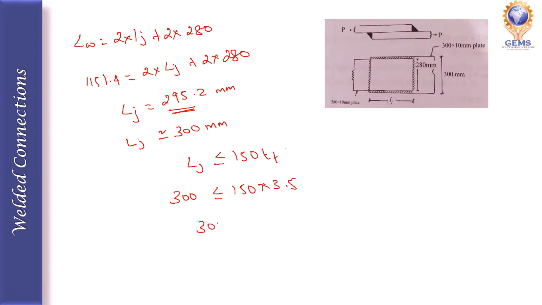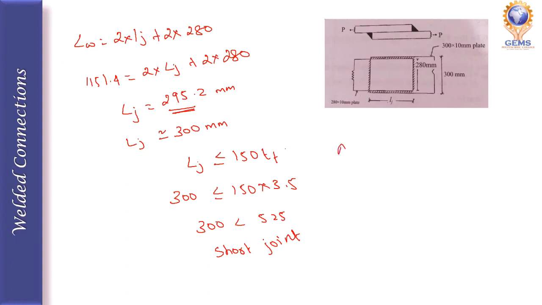So our 300 is less than 150 into throat thickness. So it is a short joint and there is no need of a reduction factor.